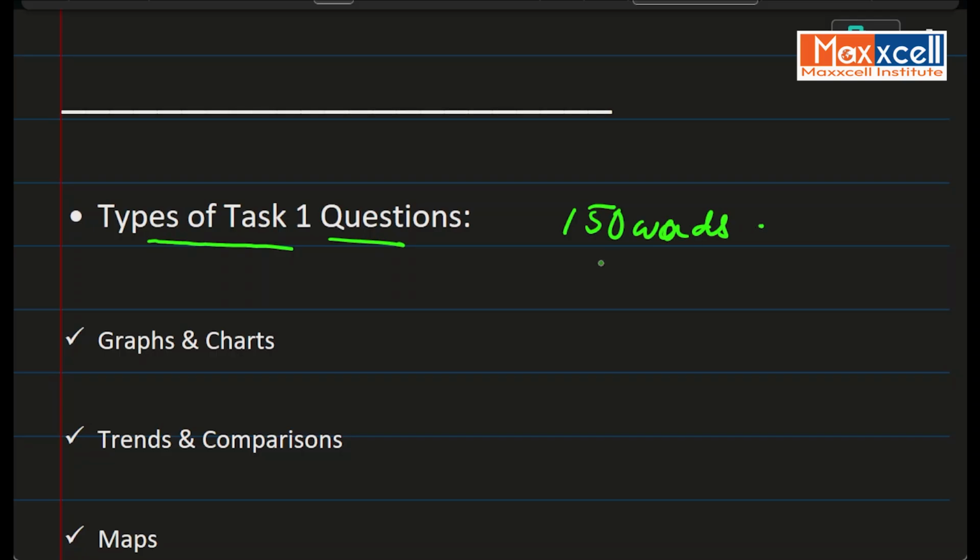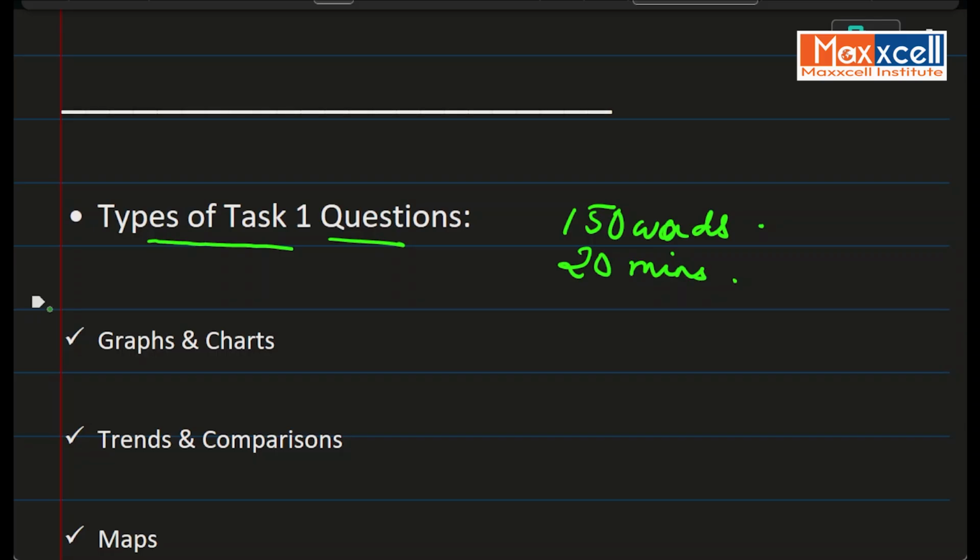So word count जो होता है वो 150 होना चाहिए और उसको हम 20 मिनट में हमें कवर करना है. So it has to be in 150 words and you have to complete the task in 20 minutes. Okay, so this is something which is required when it comes to task 1 of the IELTS exam in the writing section.